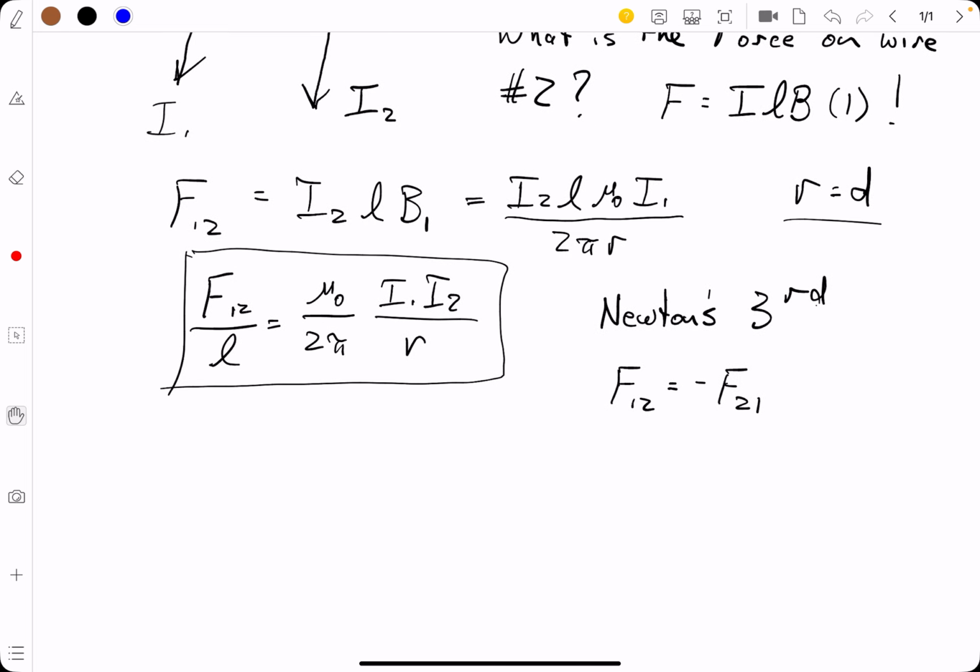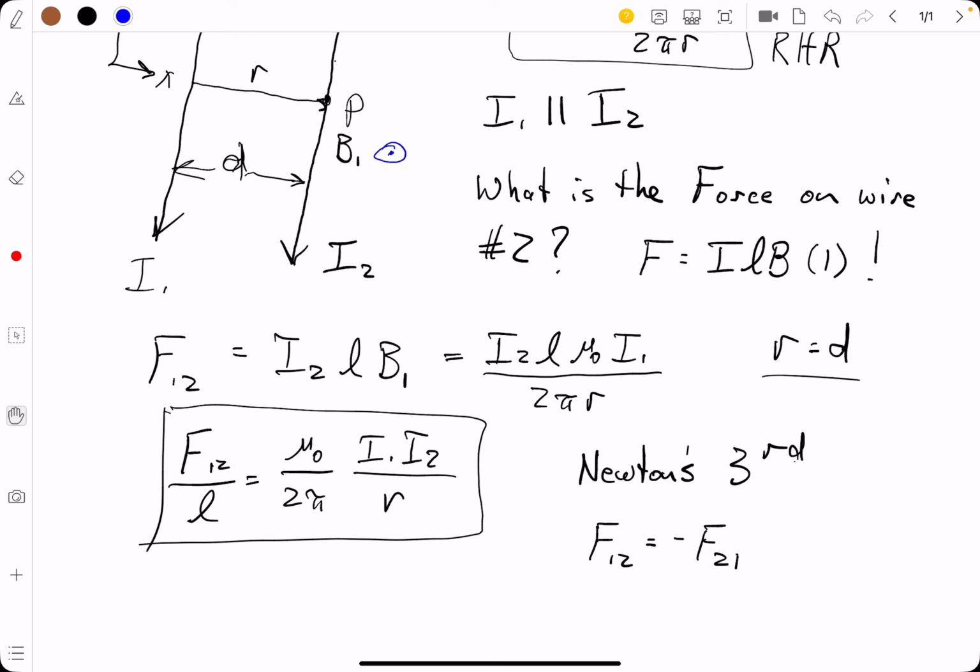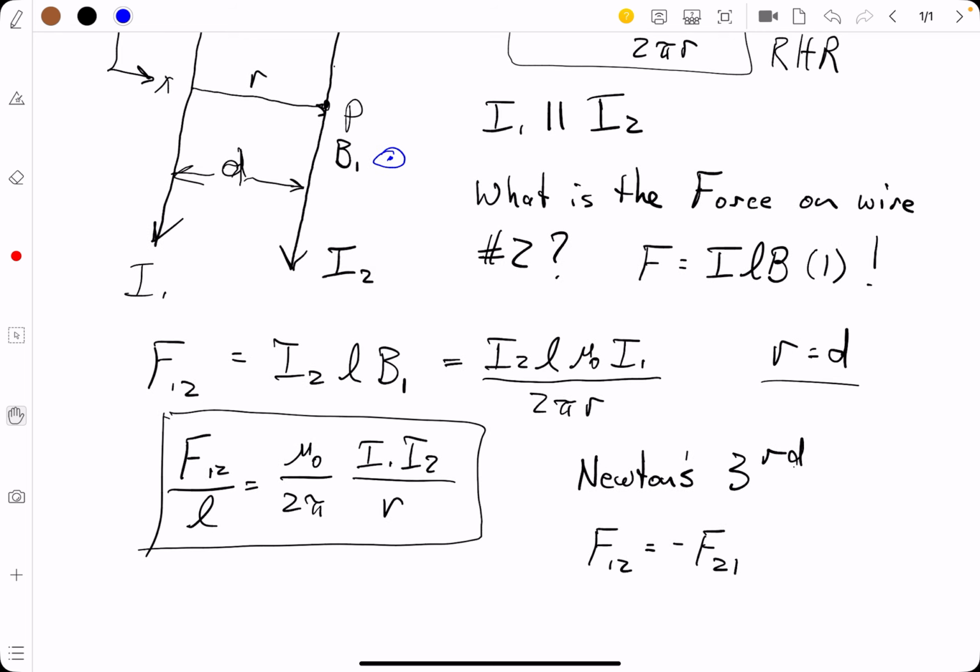Now, what is the force? Well, that's IL cross B. So let's get back to our force. I2L cross B1. I2 is going in that direction, so you put your fingers along that direction. You cross that with B, and you'll notice that our force, I'll do the force in green, is going in this direction.